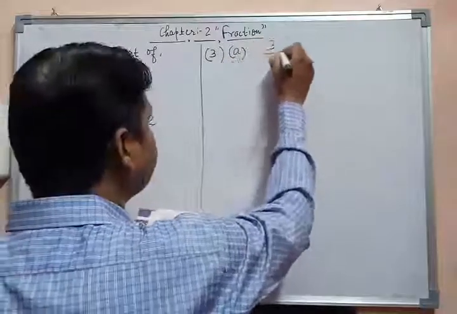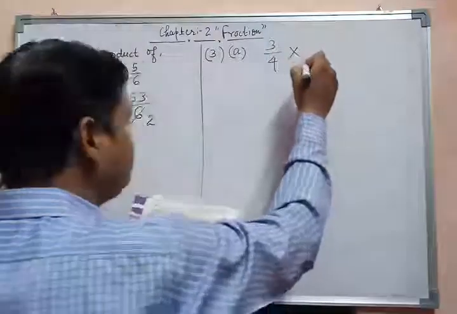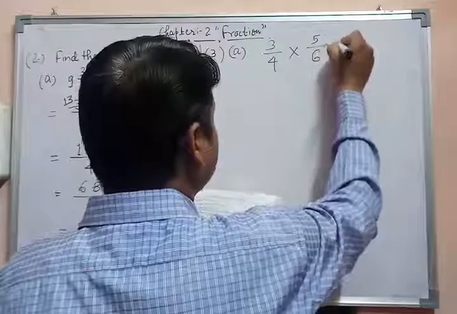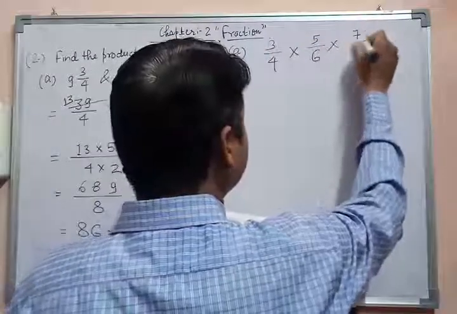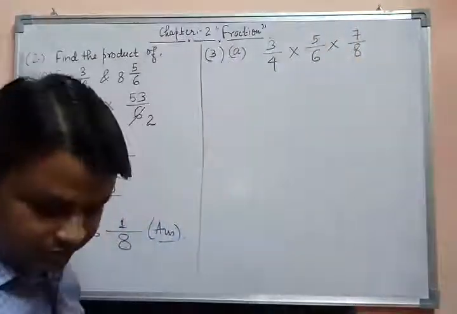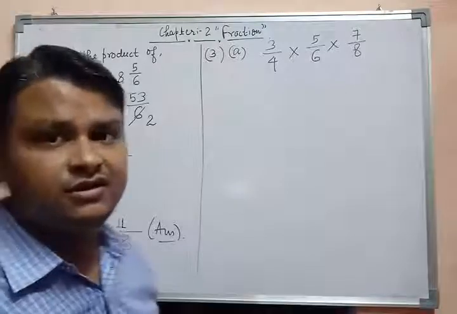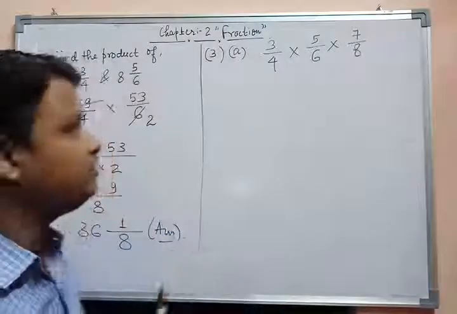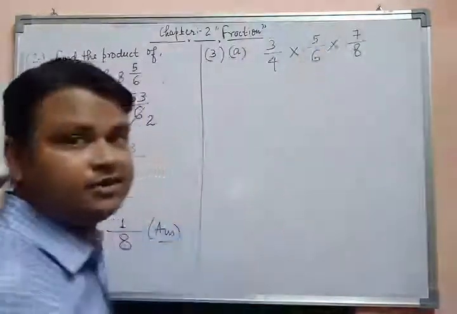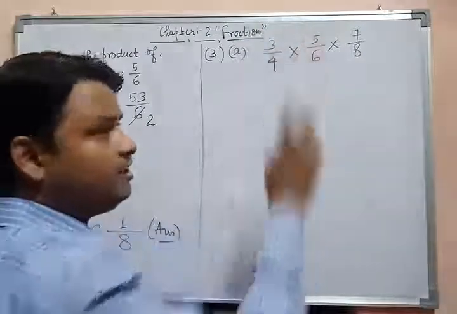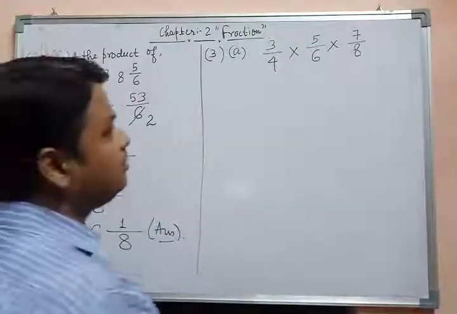Like this: 3 upon 4 into 5 upon 6 into 7 upon 8. Now students, this is also a very easy question, because you have to apply the same process. First of all you have to check whether any numerator is cancelled by a denominator.